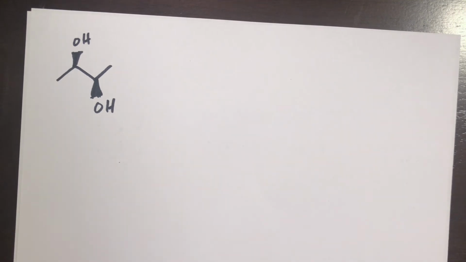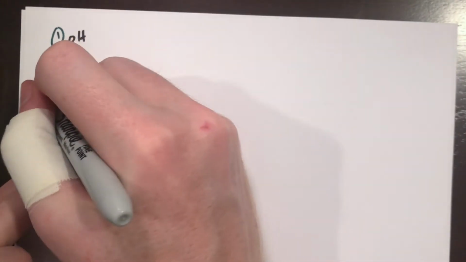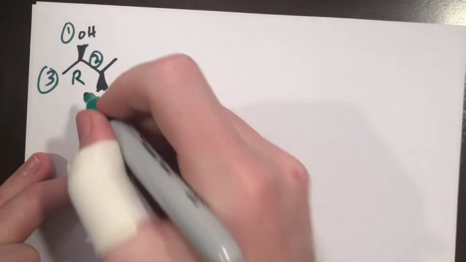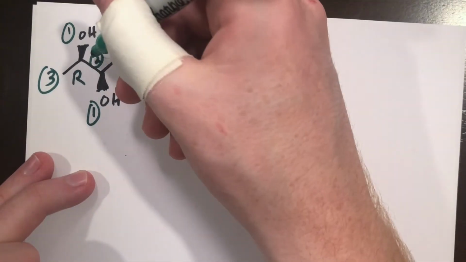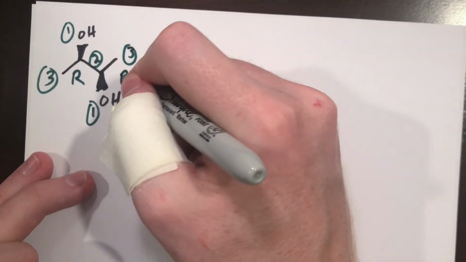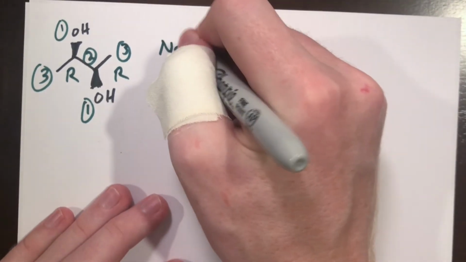Now we determine the absolute configuration. So here is 1, here is 2, here is 3. That looks like R. The hydrogen is in the back, so it is R. If we look at this one, the oxygen OH group is the highest, then this carbon, then the methyl group. That looks like R. The hydrogen is in the back, so it is R. So this is not meso.